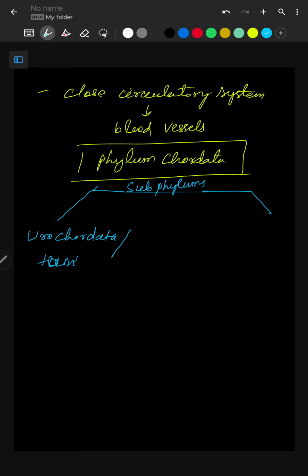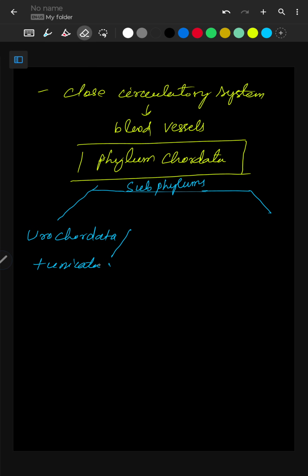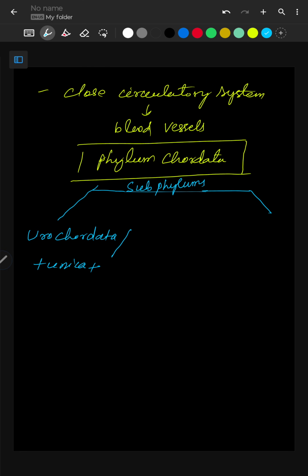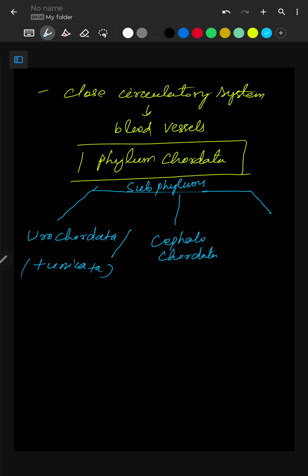Let me rub this and write once again. Tunicata. Okay, and next is Cephalochordata. And the third one is Vertebrata.